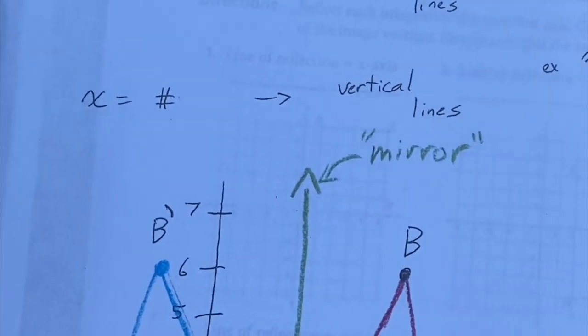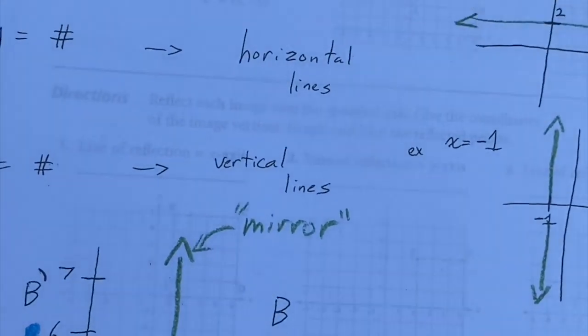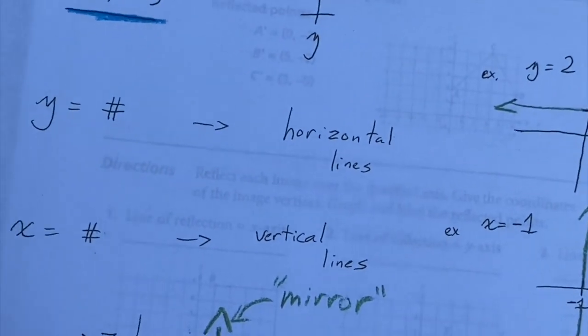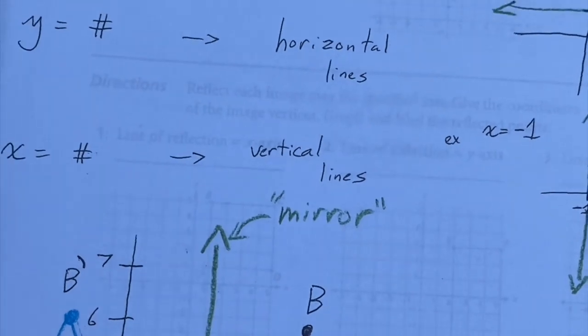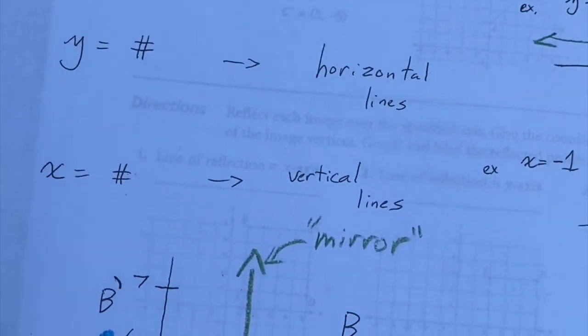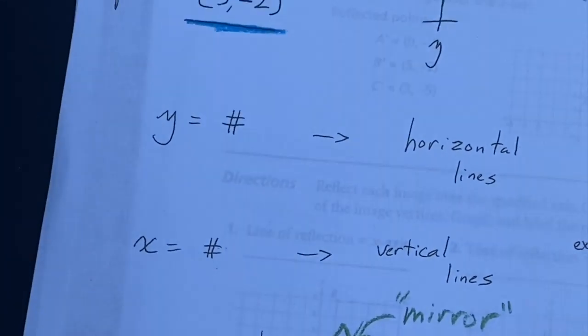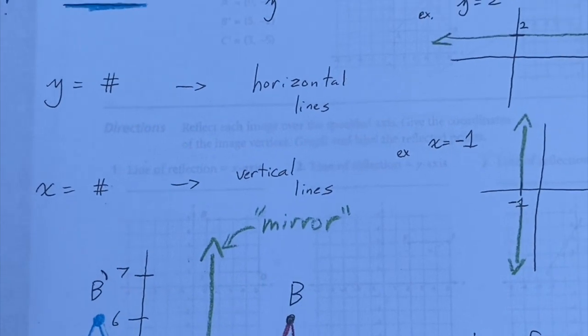All you have to know is what's the object you start with, where's the line of reflection given, and then use the distance of each point away from the line of reflection to flip over to the opposite side and make your reflected image.